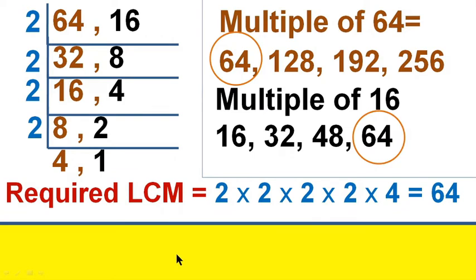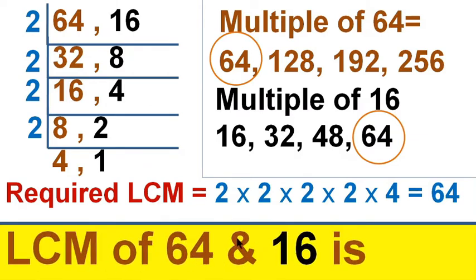Now we will show you a third, alternative method to find out LCM. And this alternative method is very easy, easier than others. At first we will target the greater one. Here 64 and 16, between the two, the greater number is 64.